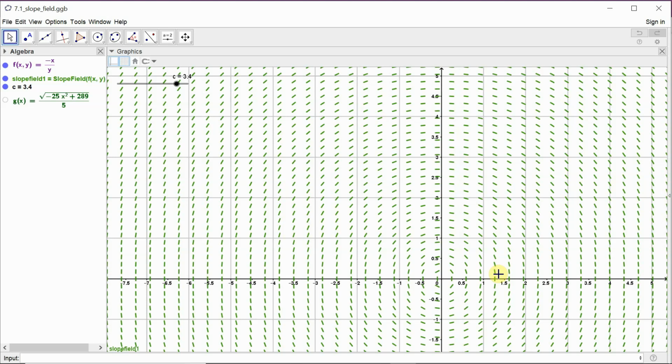Do you notice a pattern here in this slope field? Yeah, we should actually see a bunch of circles. Depending on the c value I choose, we could get the circle on the top half or the bottom half, right? Because thinking about really all of these concentric circles here.